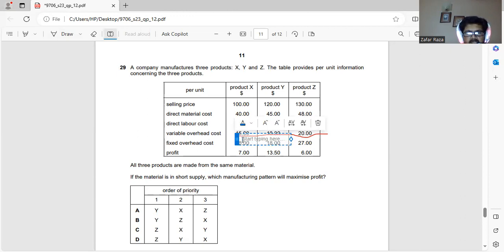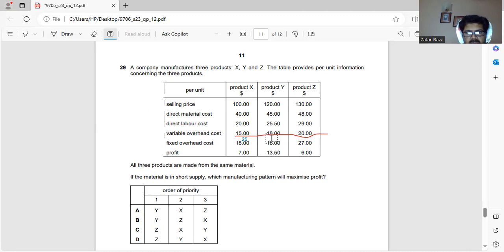Product X. Selling price is 100, minus direct material cost 40, minus direct labor cost 20, minus 15. So that means contribution is 25.